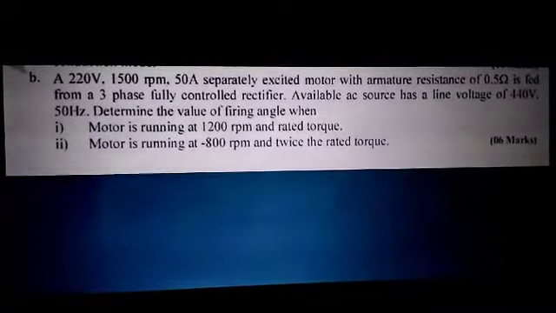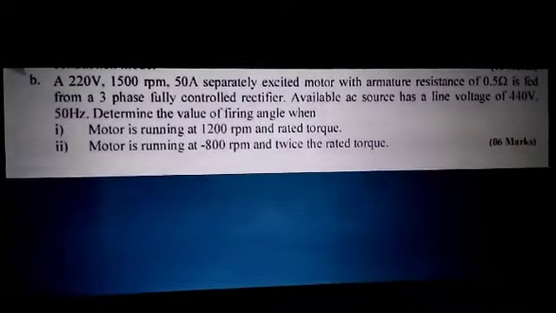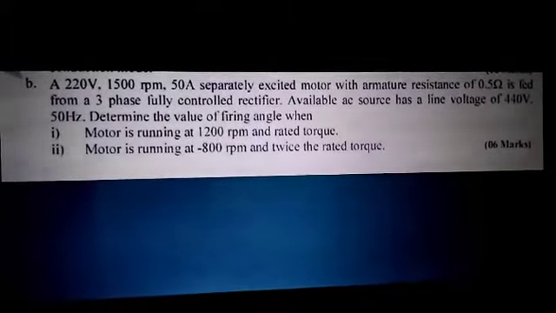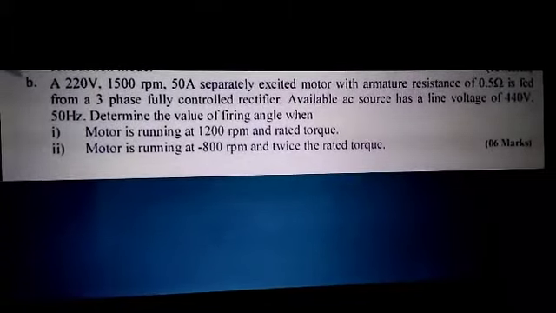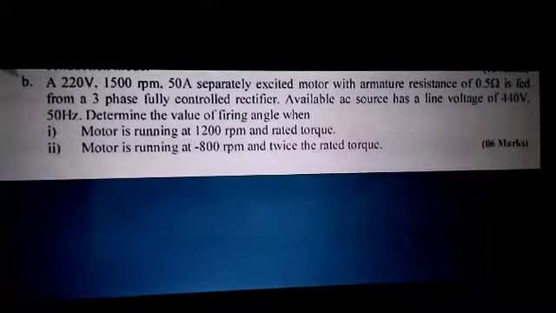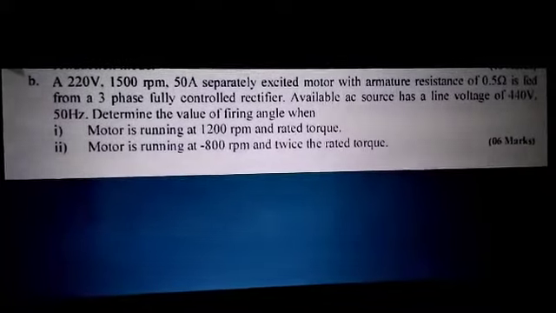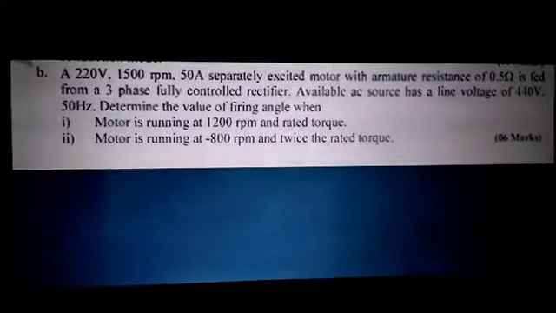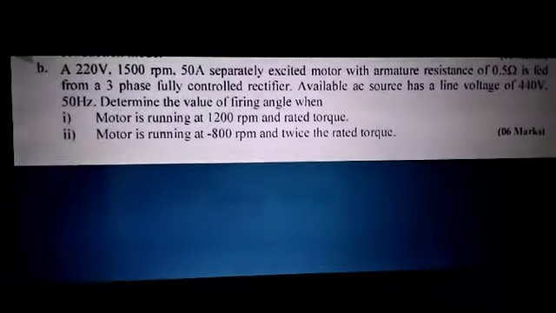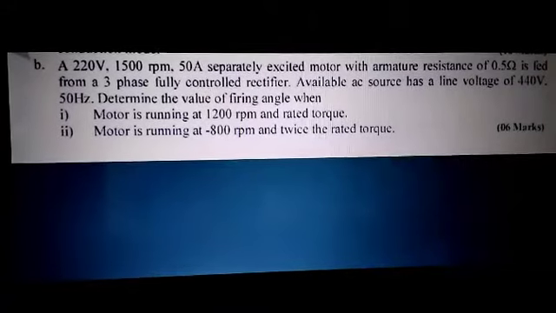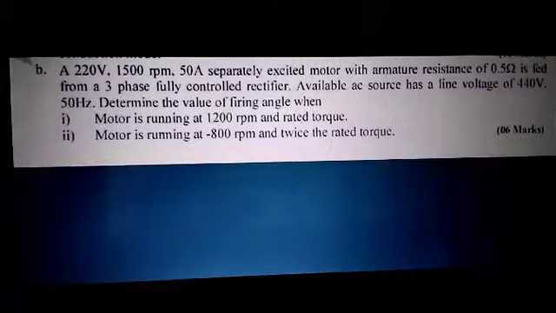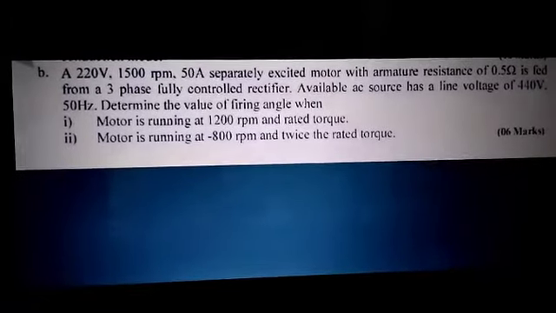In the second case, the motor is running at minus 800 rpm, the converter is operating in the fourth quadrant, and we have twice the rated current, so 50 amps multiplied by 2 gives 100 amps.